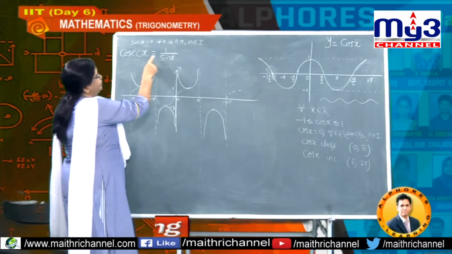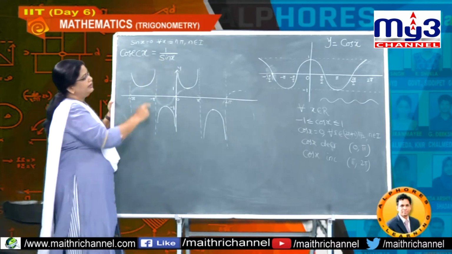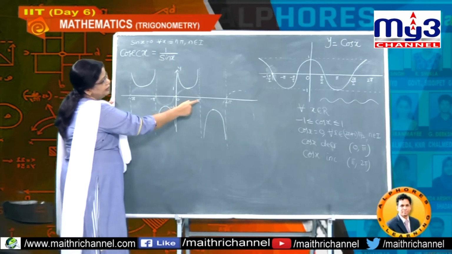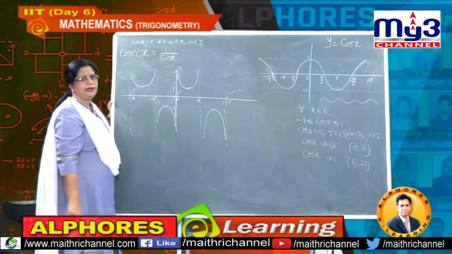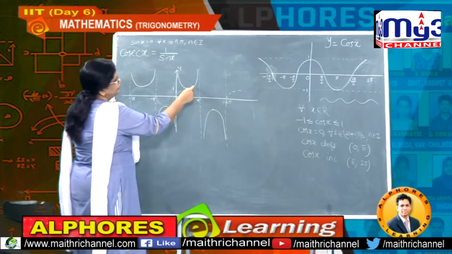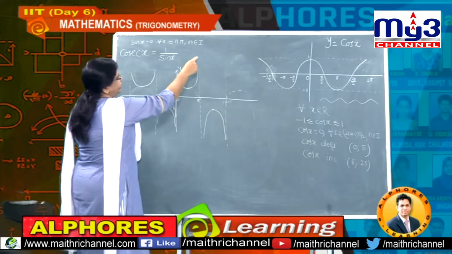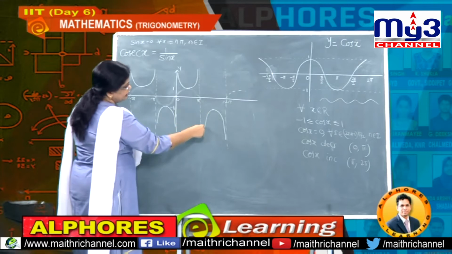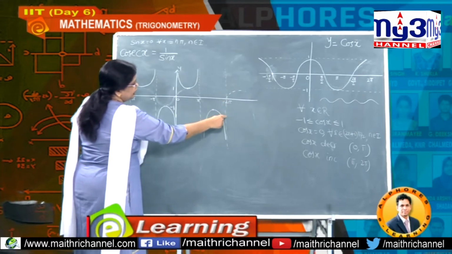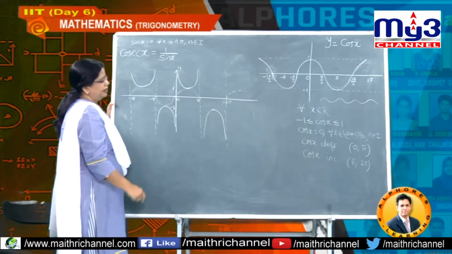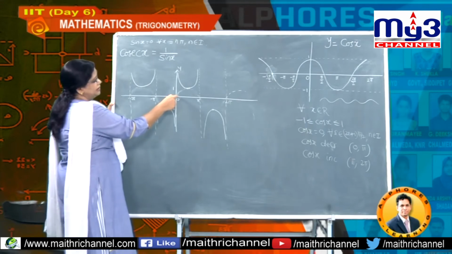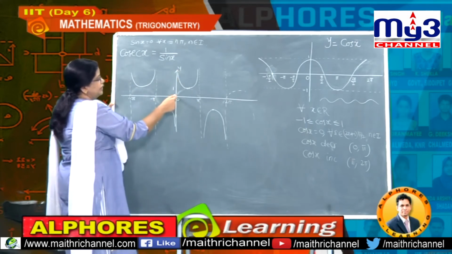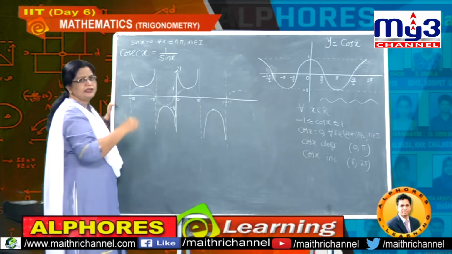And next, suppose I take the x value as pi, that is just less than pi. Understand? Then how are the y values? They are going upwards again. Again here, pi plus is minus infinity, 2 pi minus is minus infinity, and like this, here 0 plus is infinity, 0 minus is minus infinity.